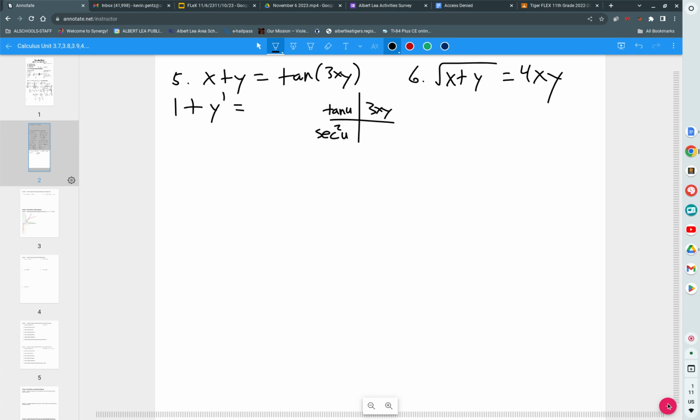The derivative of 3xy requires what rule? Product rule. So this is what you're asking about, Matthew. We have f and we have g. The derivative of 3x is 3 times y plus 3x times y prime.